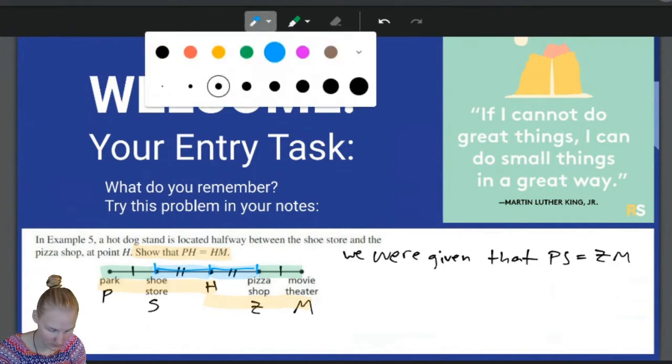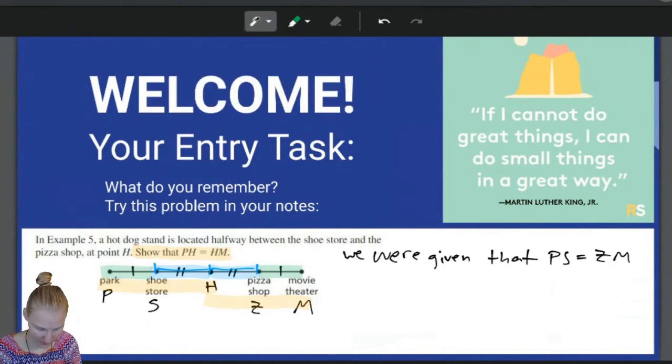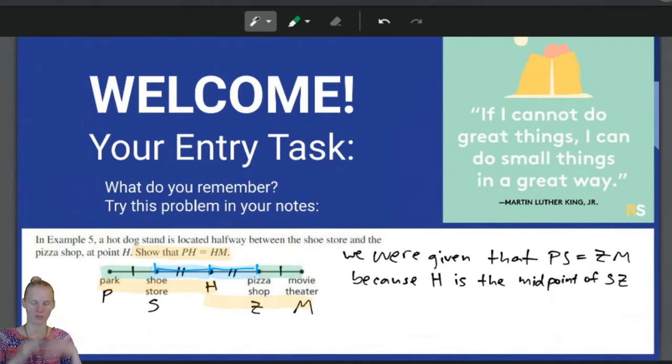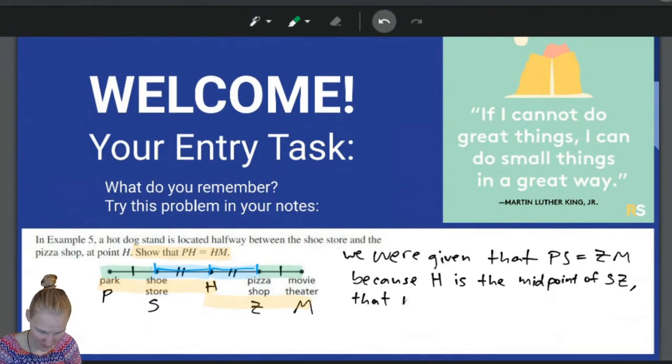So, what we can say is, because H is the midpoint between S and Z, that means SH is equal to HZ.